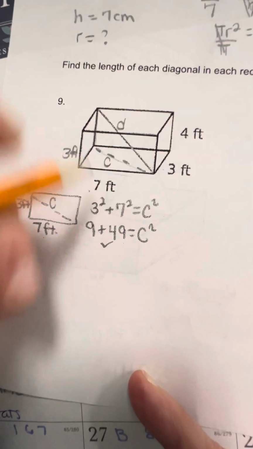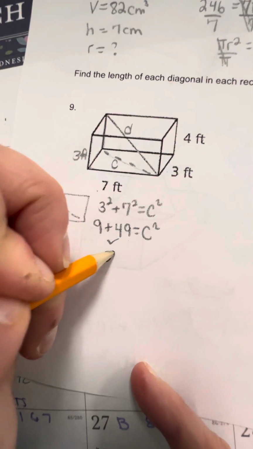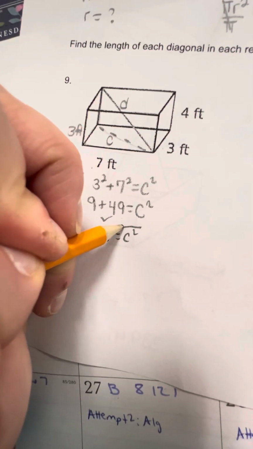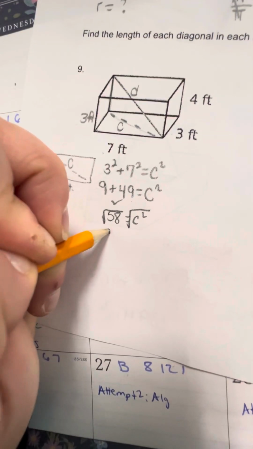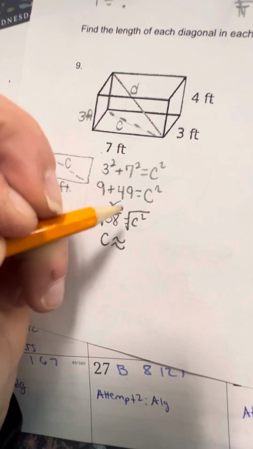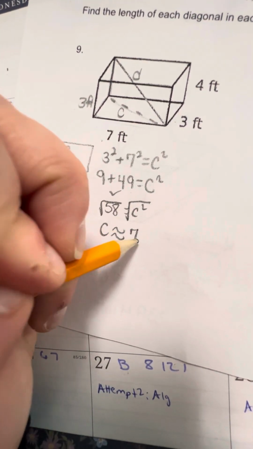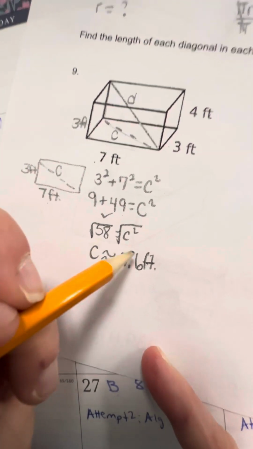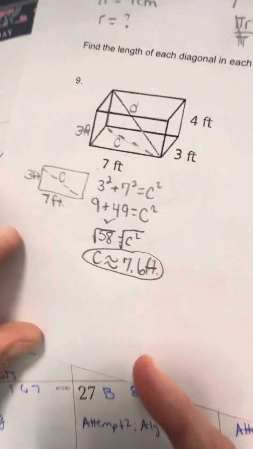We add these two together, you're going to end up with 58 is equal to C squared. And then we have to undo that by square rooting both sides, and we get C is approximately, on my calculator, about 7.6 feet. So that is what the dimension of the diagonal on the bottom is.